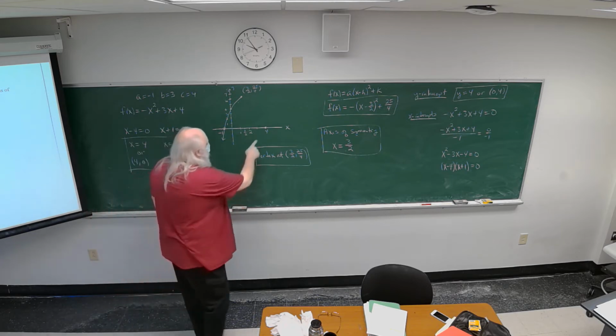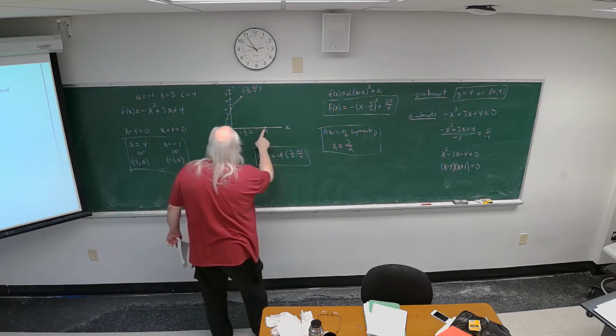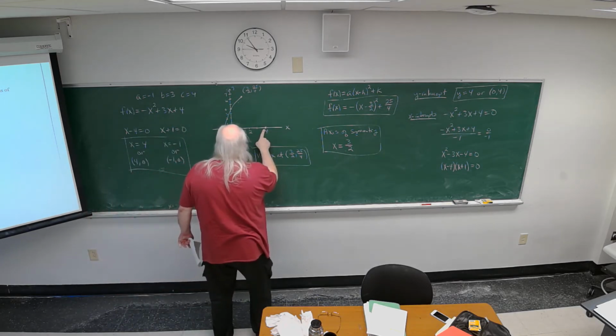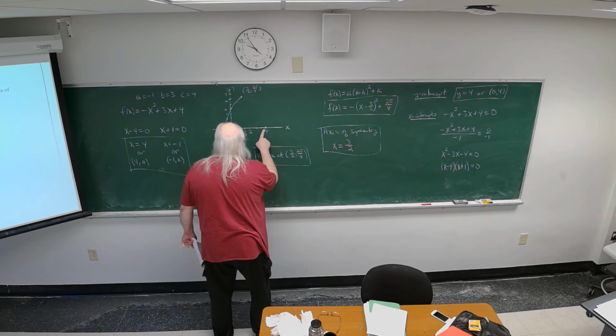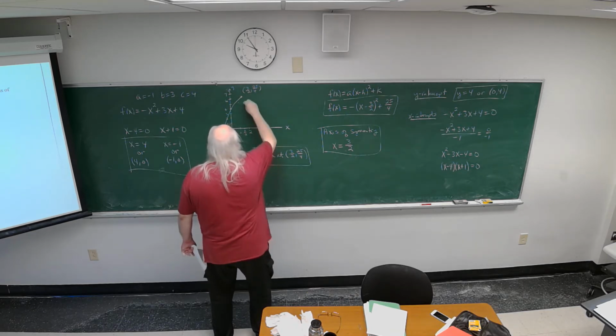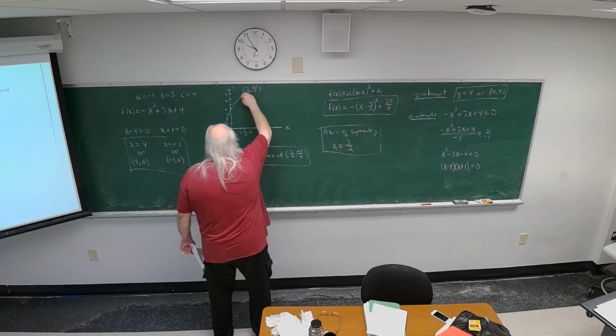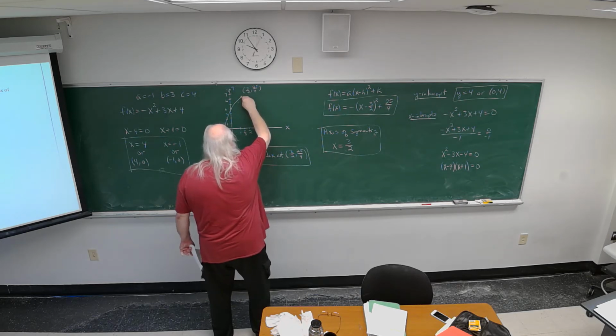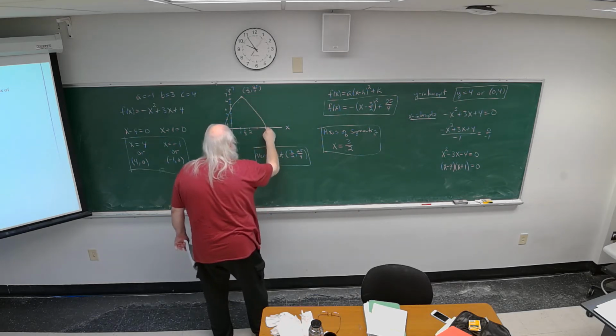And now the right half is going to cross here at x equals 4. I don't know if this is going to be really right. This is supposed to be symmetric, but you know how it is.